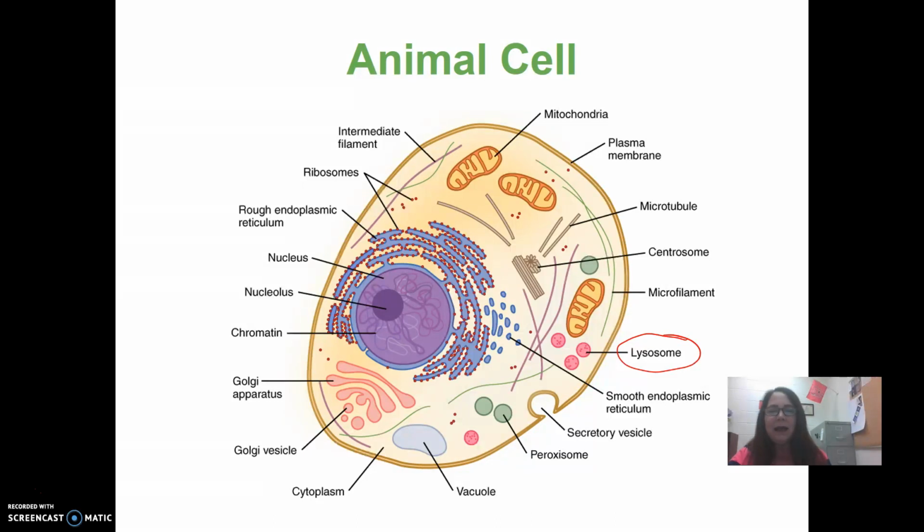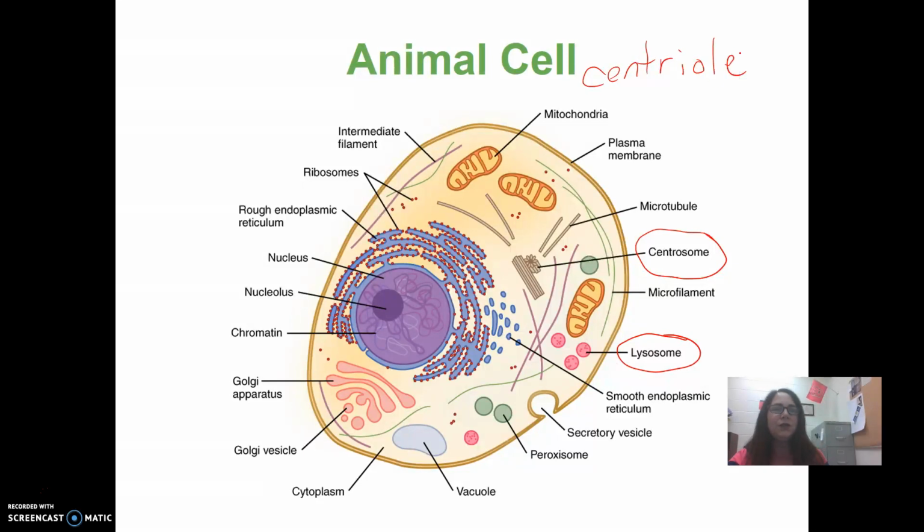So a plant cell does not have lysosomes, and a plant cell also, I'm looking, does not have centrosomes. And the centrosome is just the name for the two centrioles. Each centriole kind of looks like a stack of logs. So it's two of those at a perpendicular angle to each other. So a centrosome is simply two centrioles, and I will write that so you have the spelling.